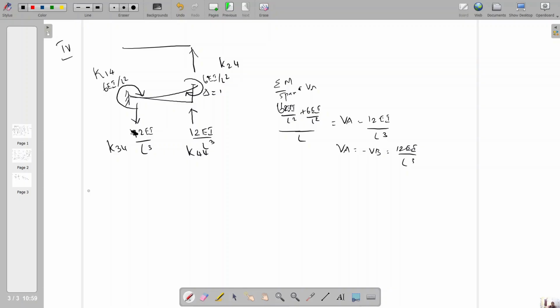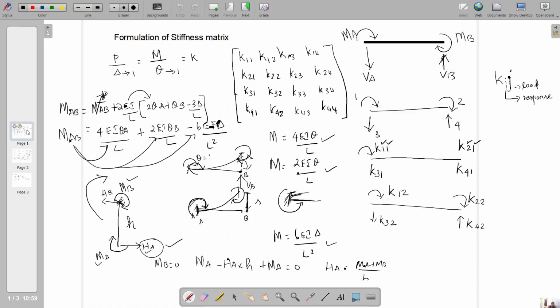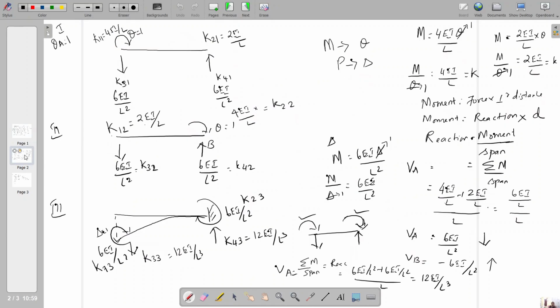Now you can assemble the stiffness matrix for the given problem. So K11 from the previous steps, it is actually here. K11 is 4EI by L, K21 is 2EI by L, and the corresponding reactions.